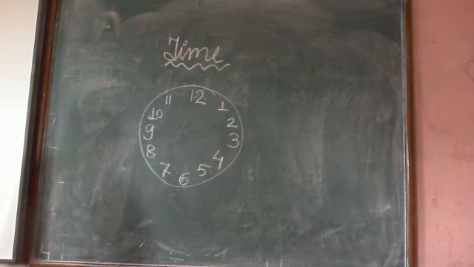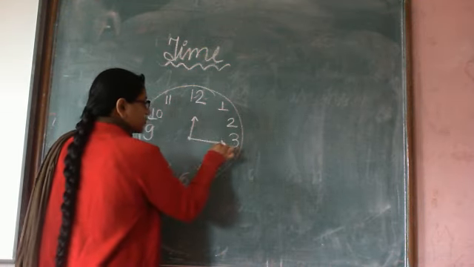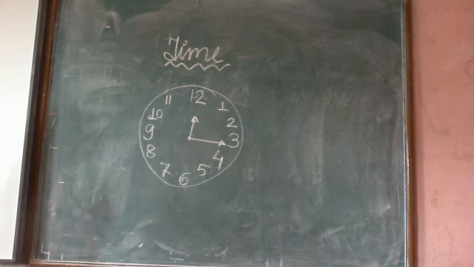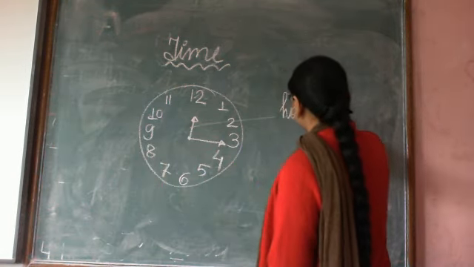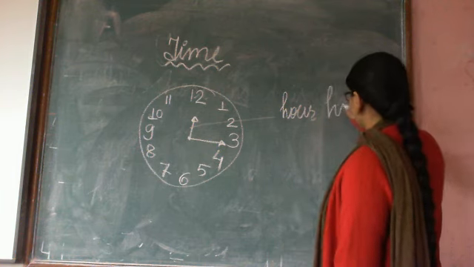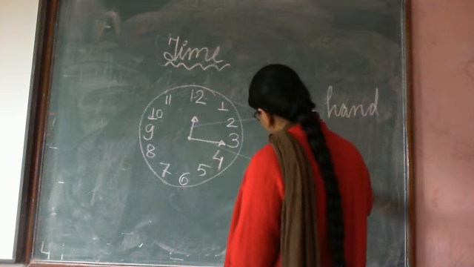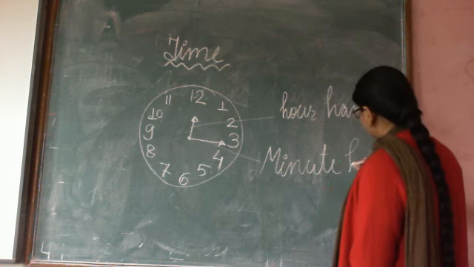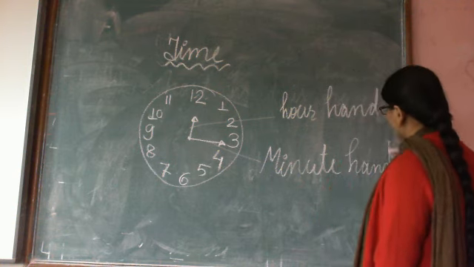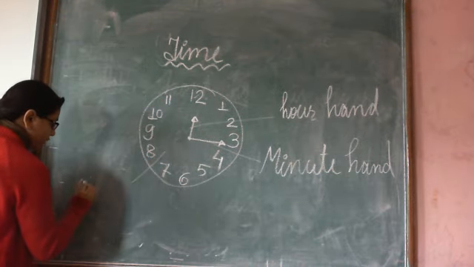Now, 2 hands. Now we can show that in the diagram. This is our hour hand and this is the minute hand. This is the face or dial of the clock.